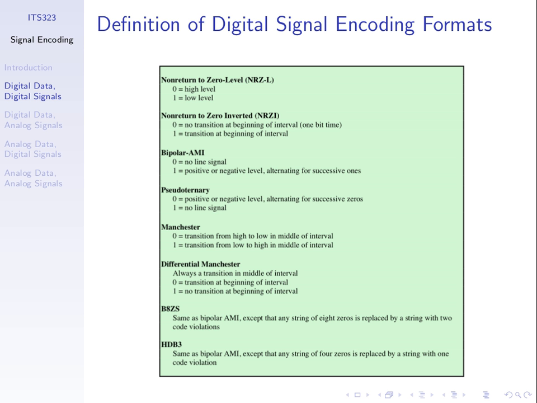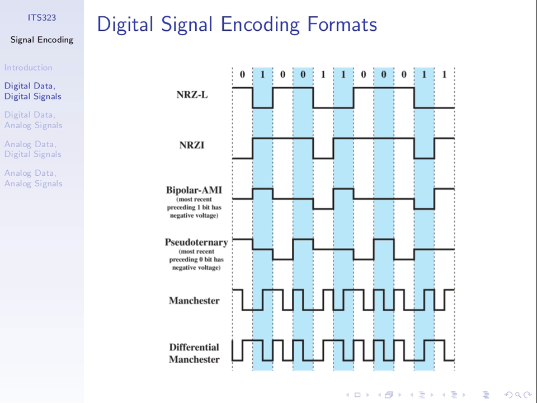That's seen in this encoding. Bit 0, we see, so now we're having a transition in the middle of the pulse, or in the middle of the signal element. We go from high to low. Bit 1, low to high. Bit 0, high to low. Bit 0, we need to go high to low again.